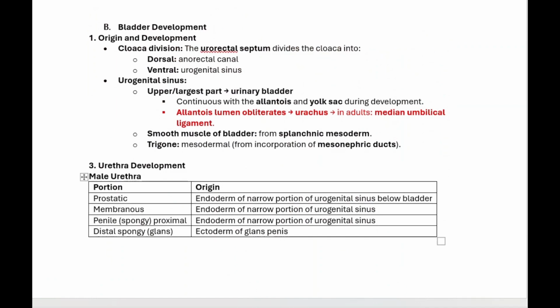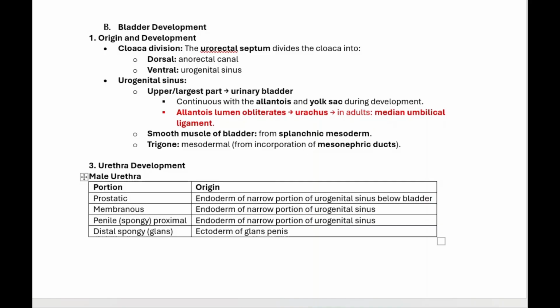The bladder develops from the cloaca, and the cloaca normally divides into two. The urorectal septum is going to appear and divide the cloaca into two.